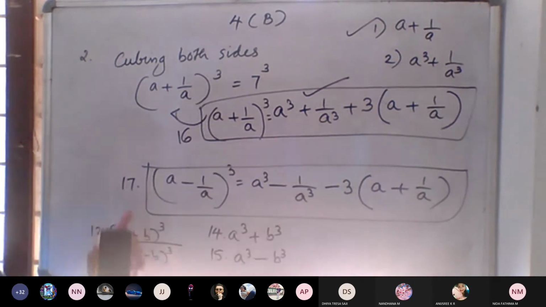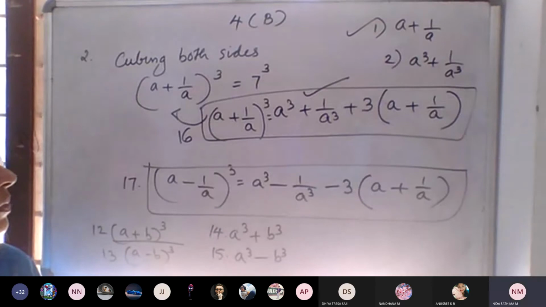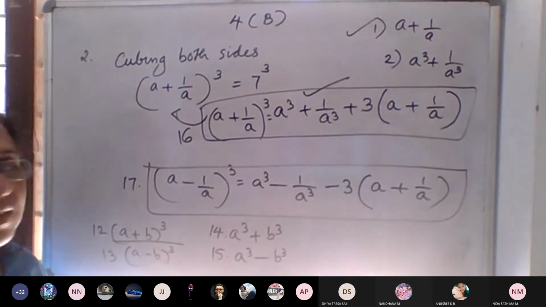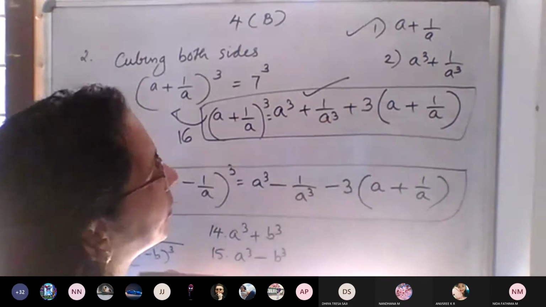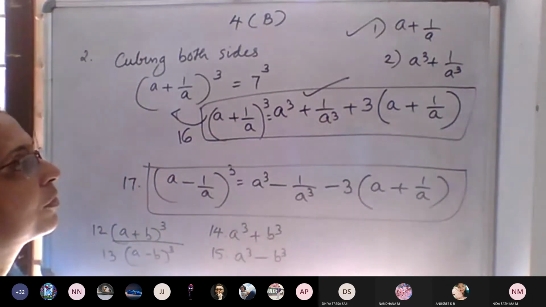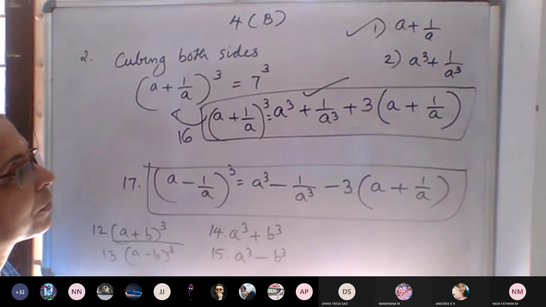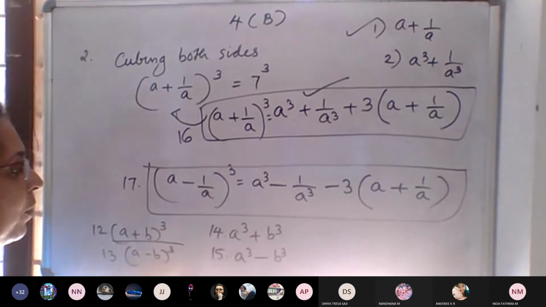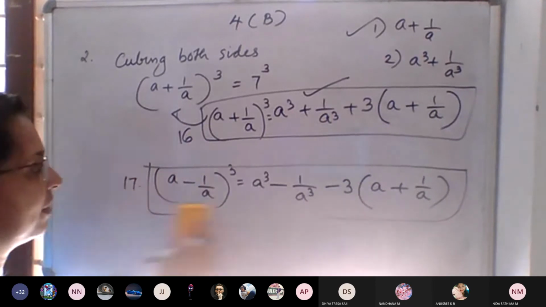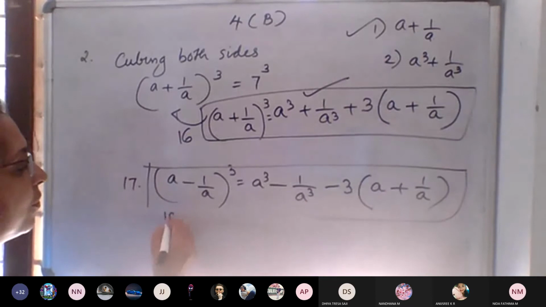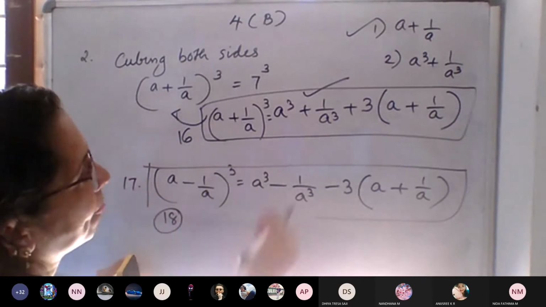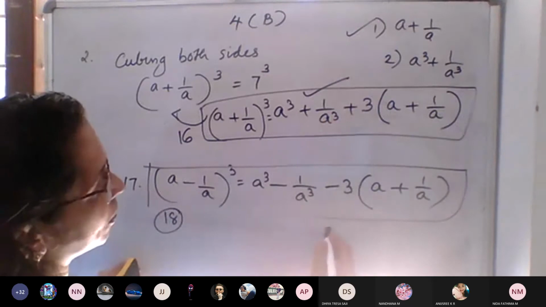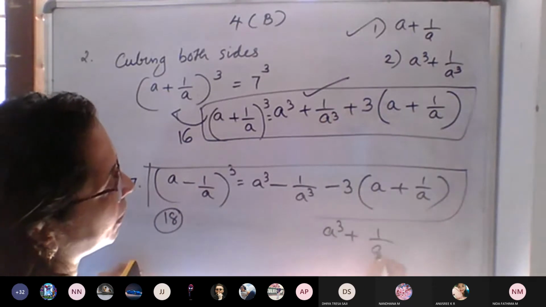Completed up to 17? Yes, ma'am. How can we find out a cube plus 1 by a cube? We want to write the 18th formula. How can we find a cube plus 1 by a cube?